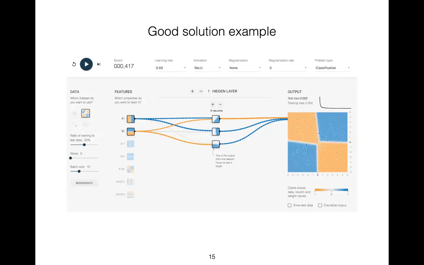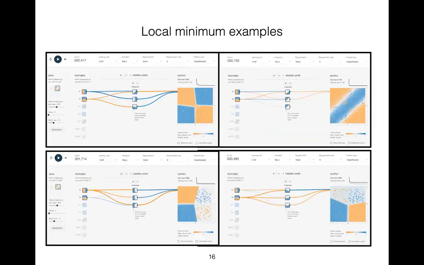You make this network, which in principle is able to classify all these dots correctly. But if you try several times, let's say 10 times, you will see that among 10 times, 2 or 3 times, depending on how lucky or unlucky you are, there will be a few times where you cannot optimize the network. You can get these local minimum issues.